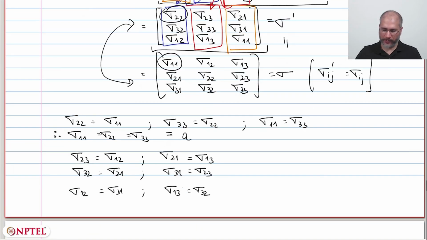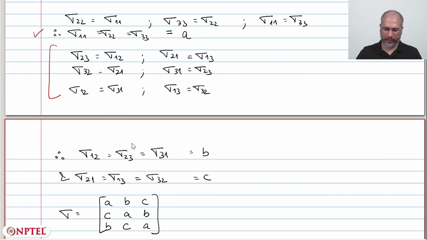So when you do that, first you see that sigma 1 1 equals sigma 2 2 equals sigma 3 3. So all the diagonal components are the same, and you get these conditions as well, which ultimately transform to these two conditions.